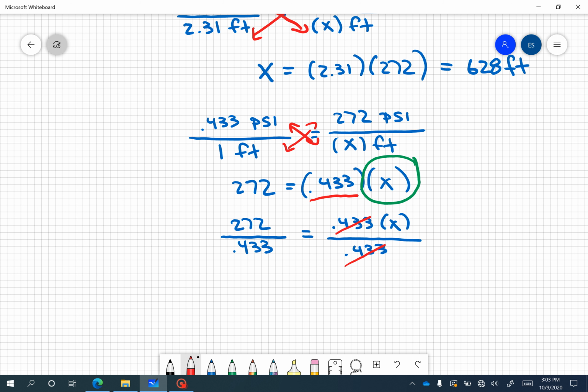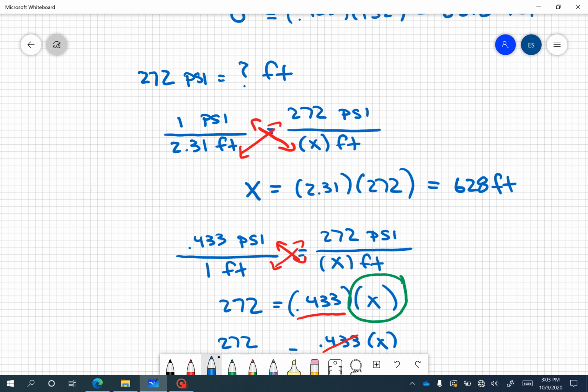Those will cancel out and we'll be left with x equals 272 divided by 0.433. Let's do the math on that. If I divide that out, I get x equals 628. So problems 1 and 2 there, that's the way to think about them and how you would set them up.